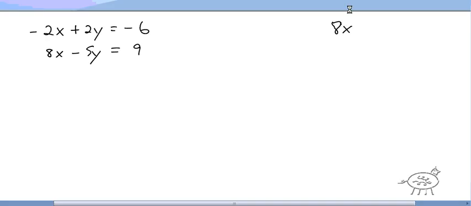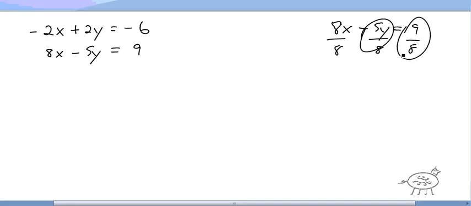If I would solve this one, and I'd solve for x, I have to add 5 first to both sides, but after that I would be dividing everything by 8 to solve for x. I would get negative 5, I would get 5/8 here, and I get 9/8. That is brutal. You do not, in substitution, you don't want fractions.